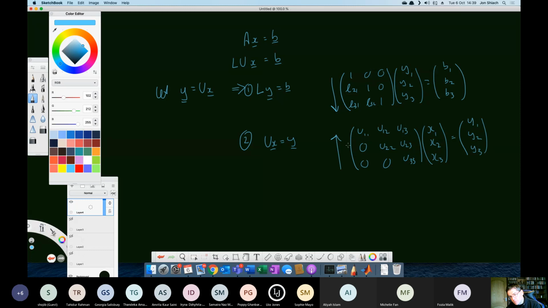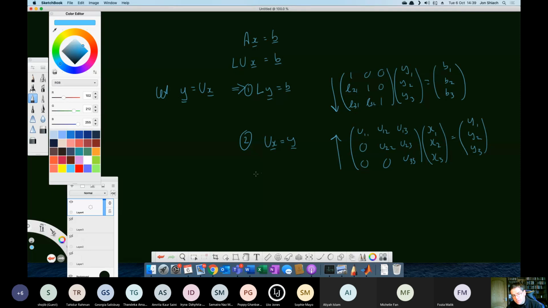We can calculate them using back substitution. For x3, we simply divide y3 by u33. For x2, we know what x3 is, so we can calculate that. Going back up through the system, we can calculate all of our x values.